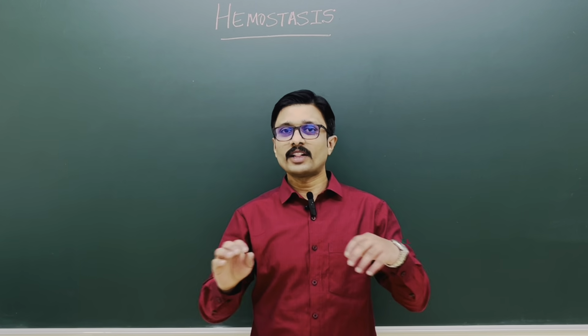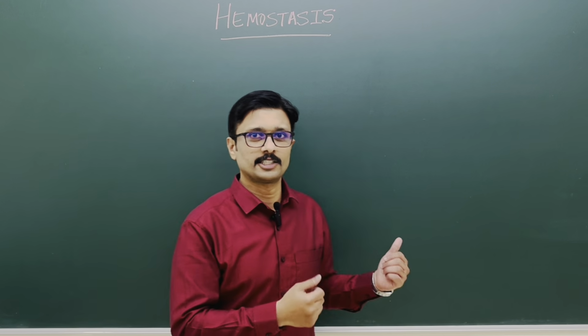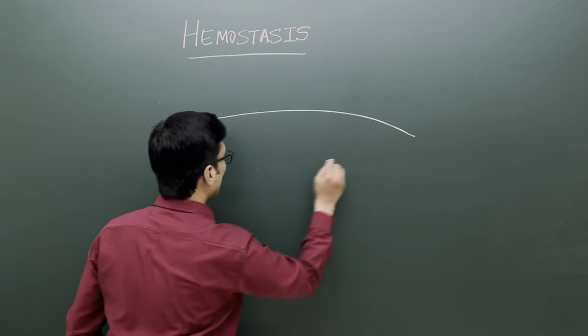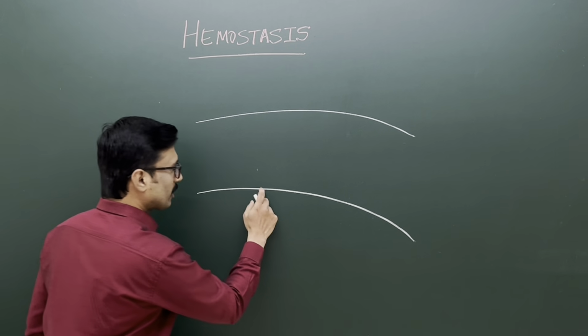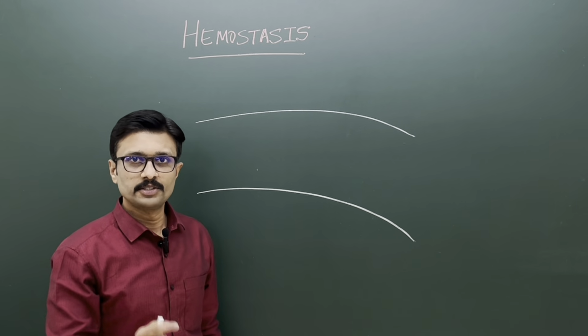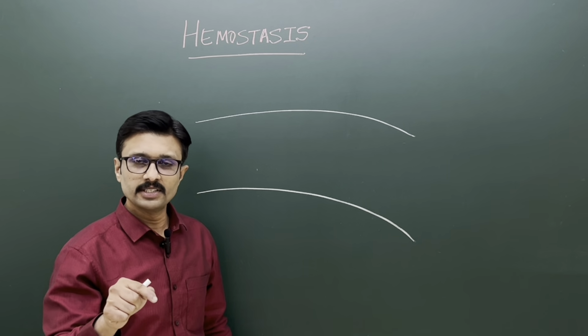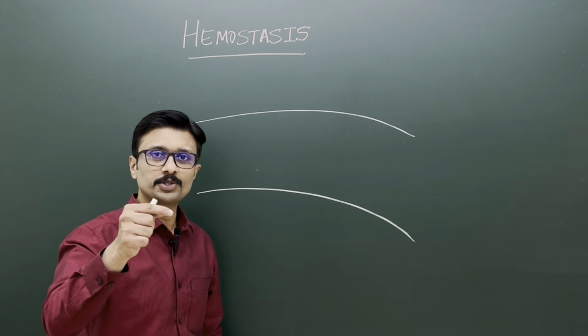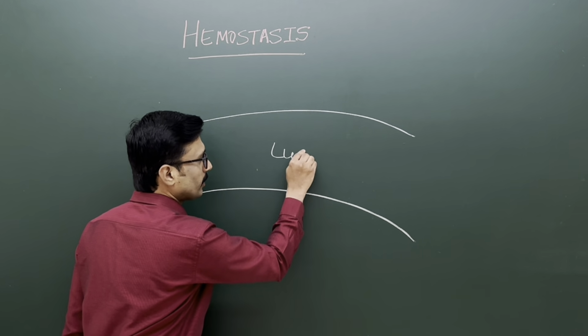So what happens when the vessel wall is ruptured? Let us explain. This is the blood vessel wall. The vessel wall has three layers: tunica intima, tunica media, and tunica adventitia. The innermost layer, close to the lumen, this is the lumen.